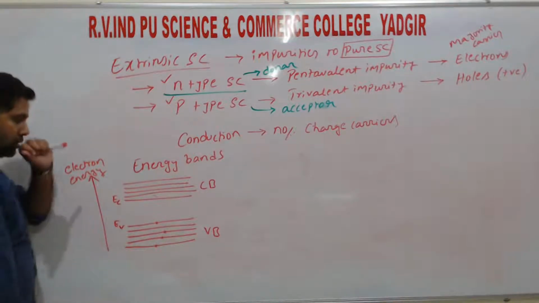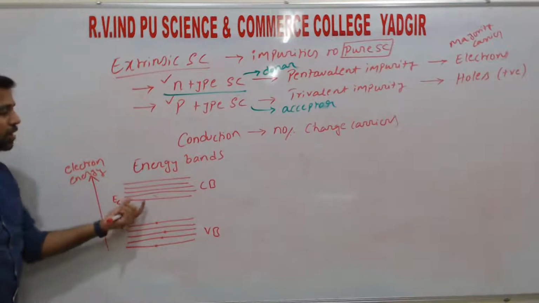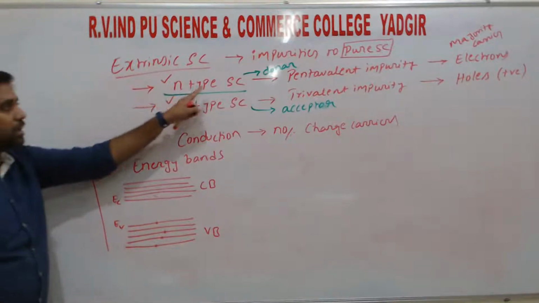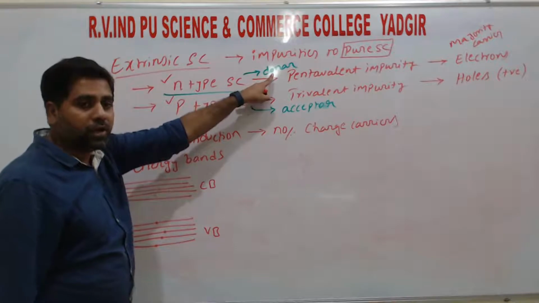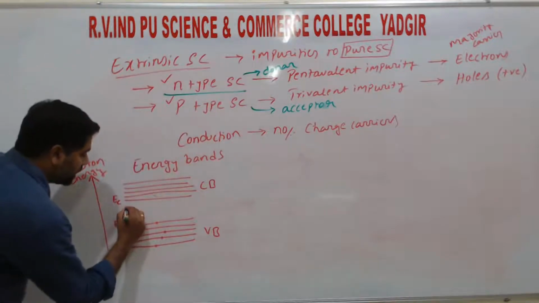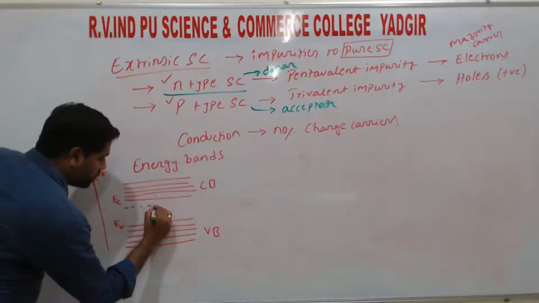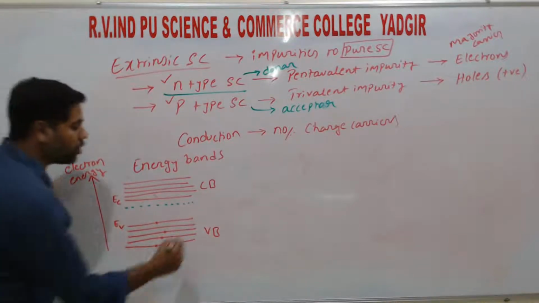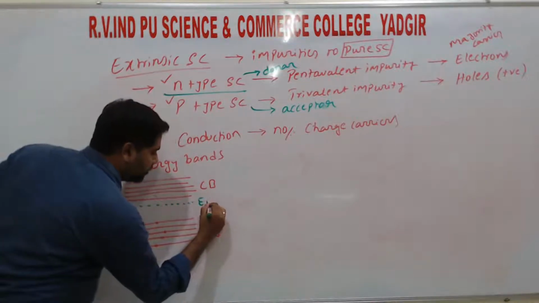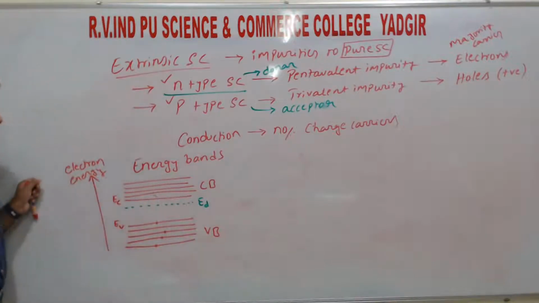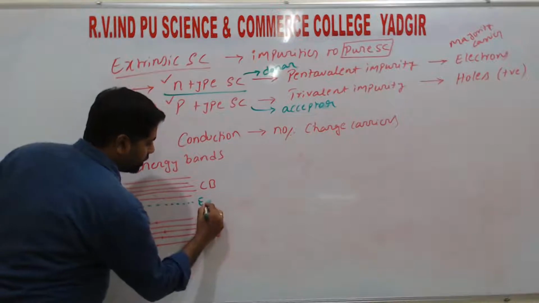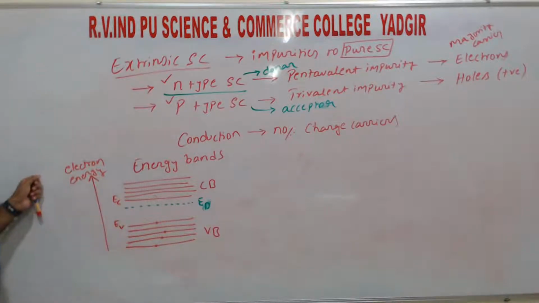So one more extra energy level is formed in N-type semiconductor, the donor energy level, which is slightly below the energy level of the conduction band. That one we call ED, written in capital, ED.